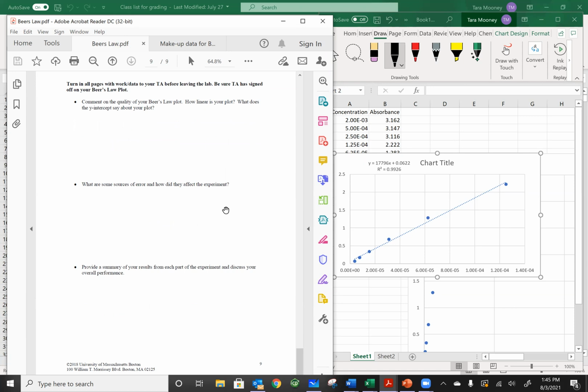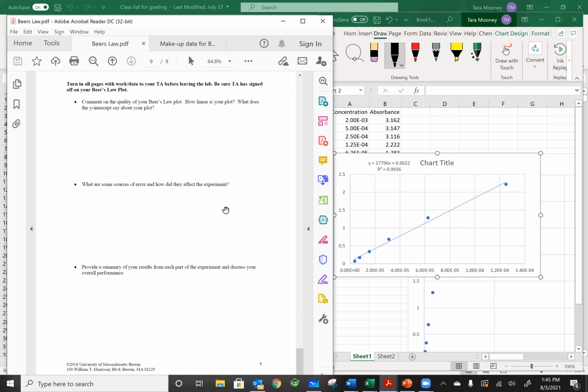Our calculations are about concentration and absorbance. So think about things that we did experimentally, or that Amy did in the procedure, that could have affected the absorbance readings or the concentration. So think about those sources of error.